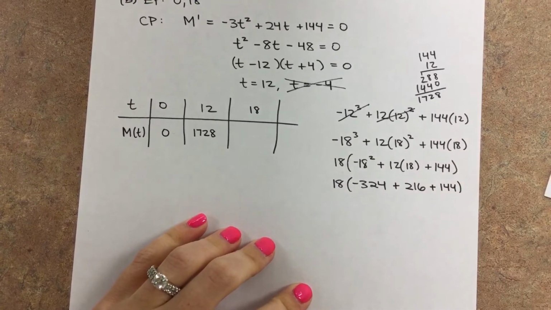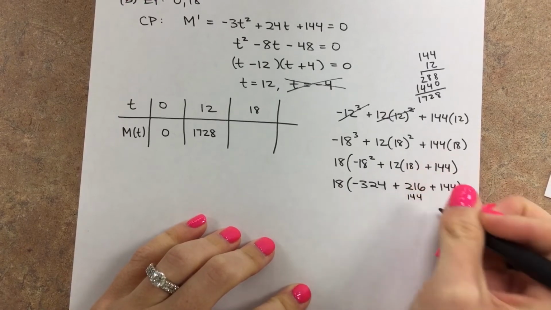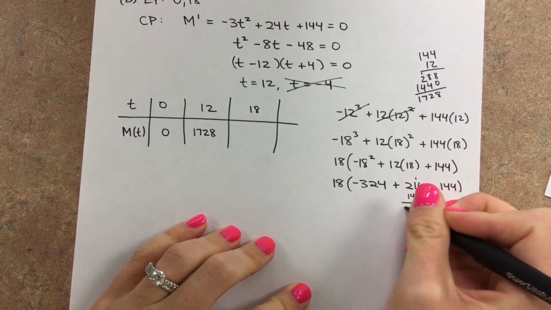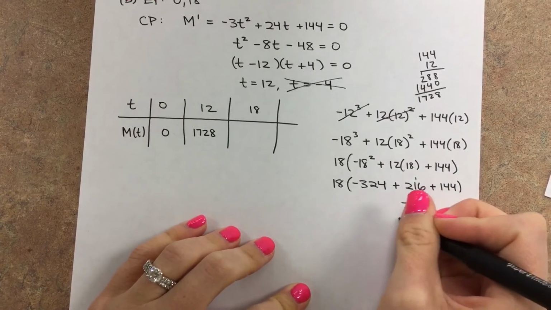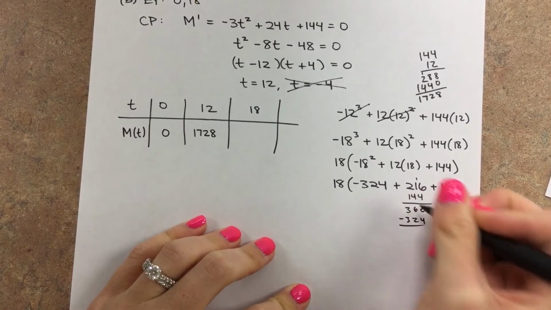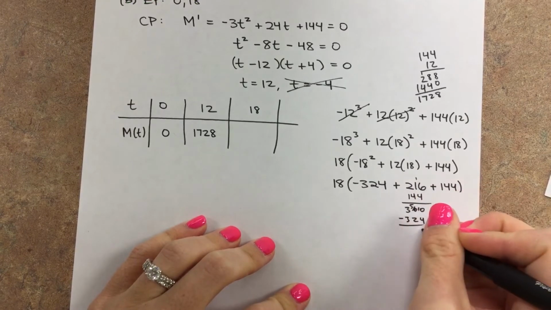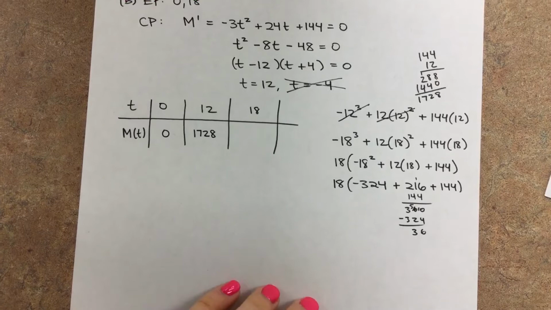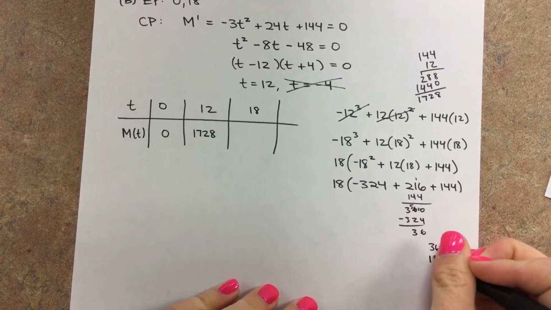So we'll do a little arithmetic here. If we add these two together, we get 360, and then a negative 324. All right, so we get 36, and then we multiply that times 18.